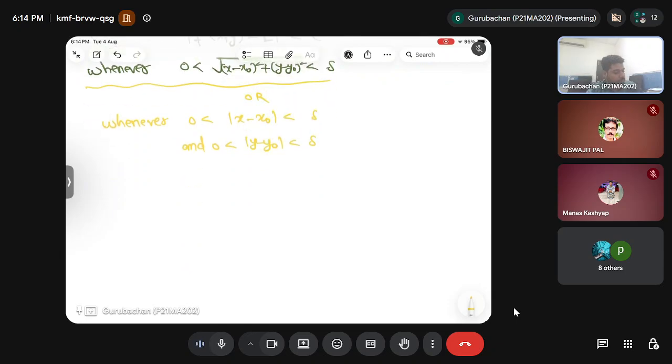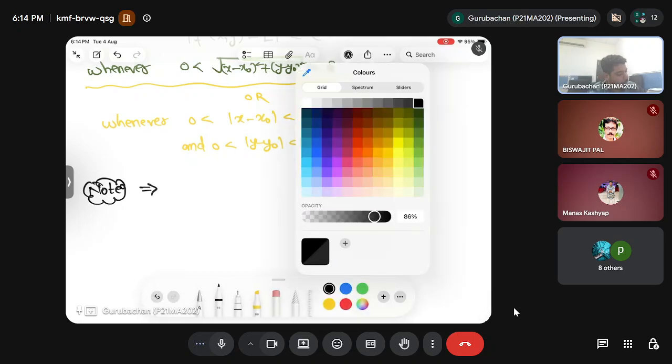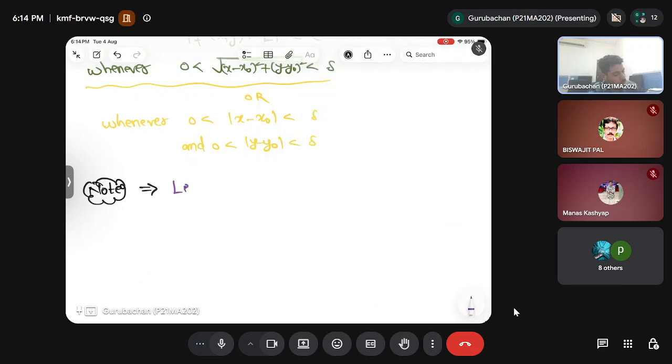Now observe, let me make a note here, that the limit of a function at point (x naught, y naught) is unique, but the condition is that it exists.